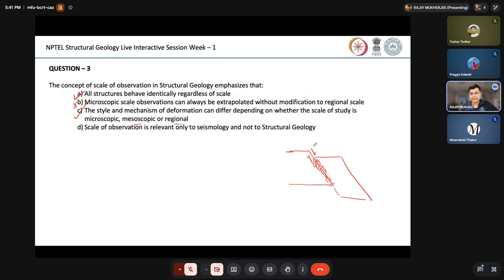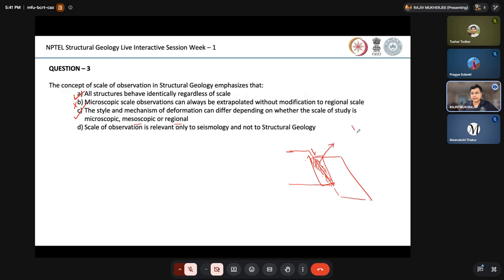So on a map scale, when you're visualizing the normal fault on a map, you will commonly say, okay, this is just one fault. That means it is only one structure, right? That's it. But then you go to the field and you observe this damage zone, and you immediately come to notice that there are several other structures.